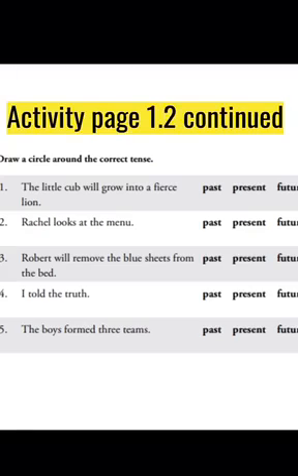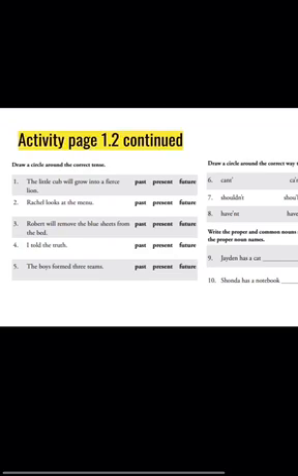What do you think? The little cub will grow into a fierce lion. They're talking about something in the future, right? And what made me think that is because they used the word will. That's your key word in that sentence. Okay, so you're going to complete that portion.